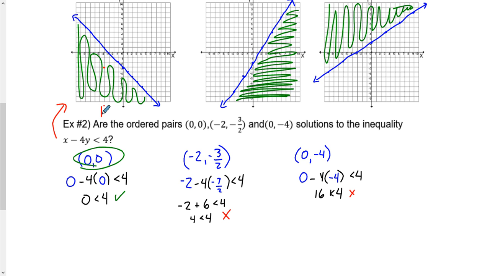So (-4, -3) is a solution to this inequality, because it's in our shaded region. (0, 0) would be in the shaded region of this. These two would not. But that's just a quick calculation. We could have technically graphed it and found out. That would be another way of doing it.